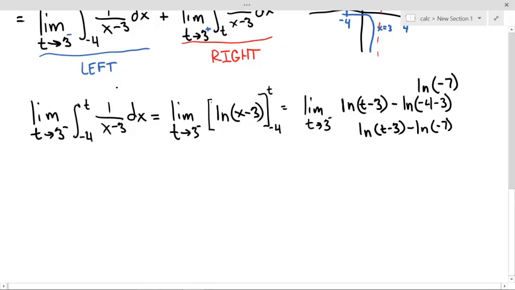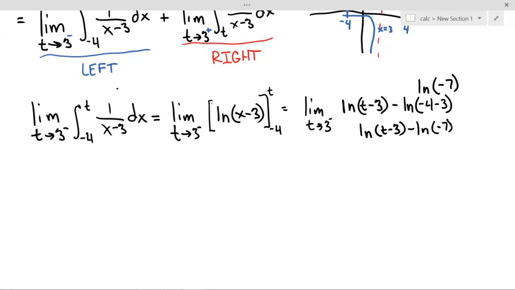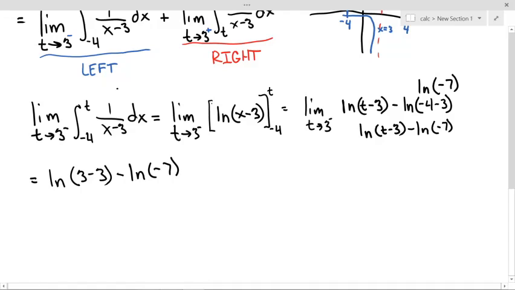Now we can insert our 3 into the equation, and you may see an issue here, where we have the natural log of 3 minus 3 minus the natural log of negative 7. So you have the natural log of 0. That's strange.